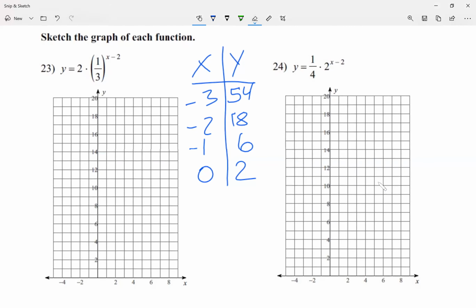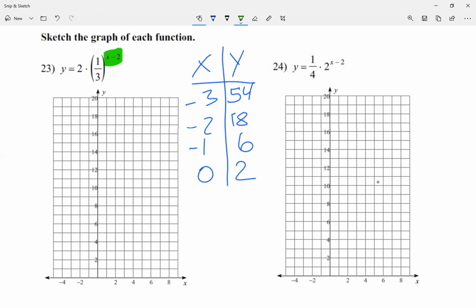Now, you might even ask, well, what's the -2 with the x? Here we're going to shift. With the x, we're going to shift sideways. So we're going to shift right or left, but it's going to be opposite of what we usually think. -2, we're going to move to the right. If I had a plus, we're going to move to the left. So it's opposite of what we usually think.